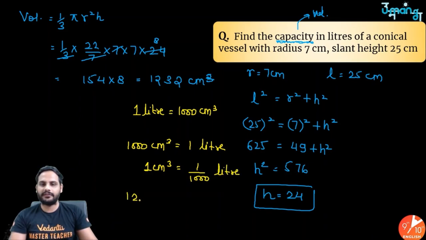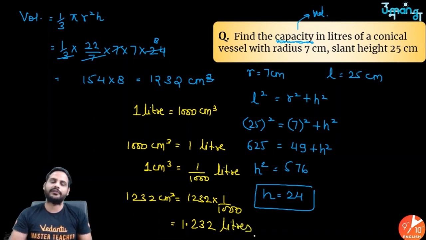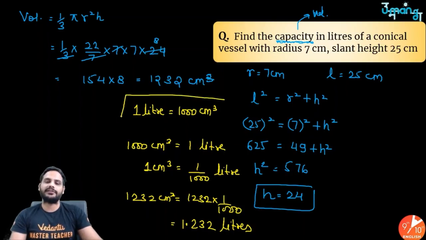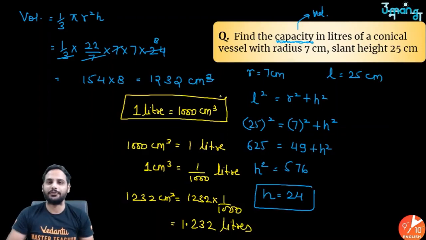So 1232 centimeter cube will be equal to 1232 into 1 by 1000. That means we need to divide by 1000, which will be 1.232 liters. So do remember this conversion: 1 liter is equal to 1000 centimeter cube.